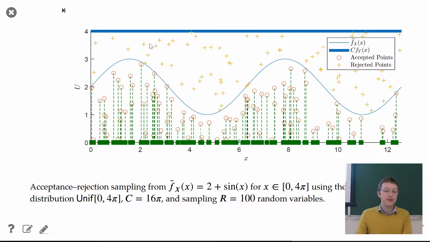And if that y component happens to be smaller than the target density, we accept it. So all these ones which are circles have been accepted. And then I've drawn a line down to where they are on the x-axis. And so you can see there's more being accepted around the areas that are the top of the sine curve than down here in the hump of the sine curve. And maybe that's what you would expect from the situation.